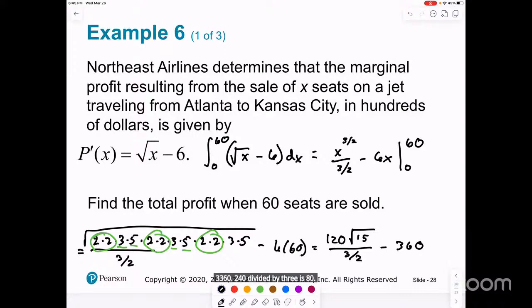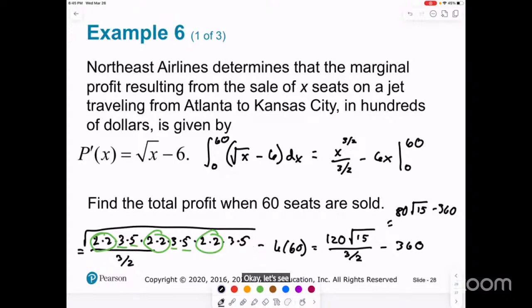Okay. So I'm getting an exact result. 240 divided by 3 is, I'm getting 80 times the square root of 15 minus 360 as an exact result. Okay, let's see.